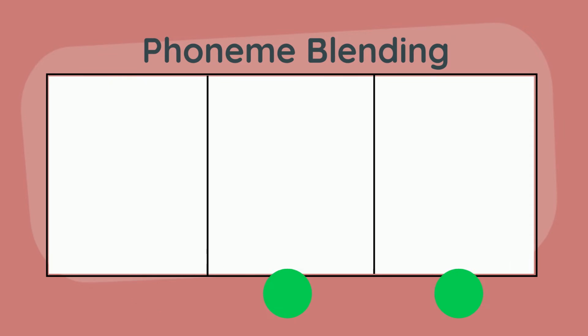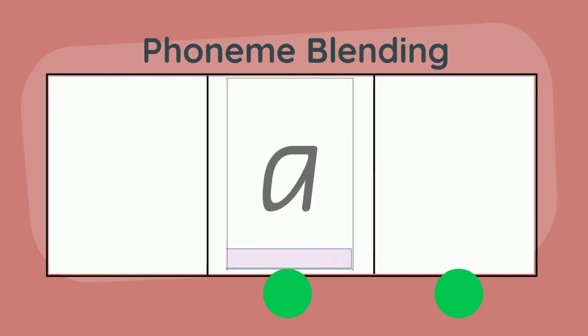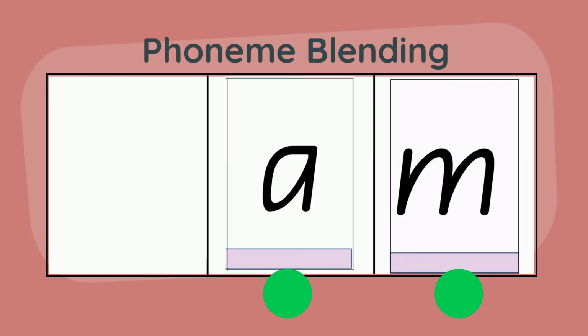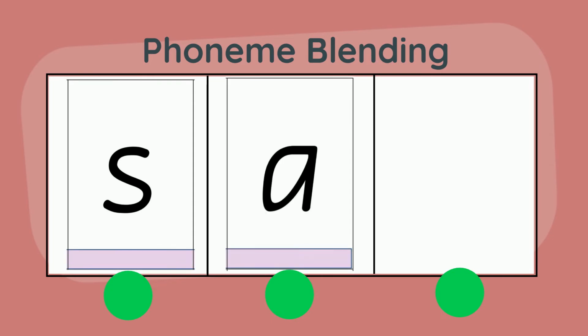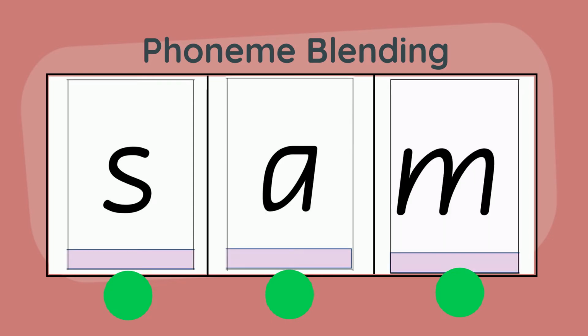This word has two letters, A, M. Let's sound the phonemes. A, and the letter M is m. Blend them together. Am. Am. I read the word am. The next word has three letters. S, A, M. Let's sound out the phonemes for those letters.